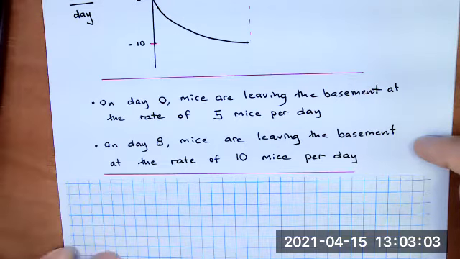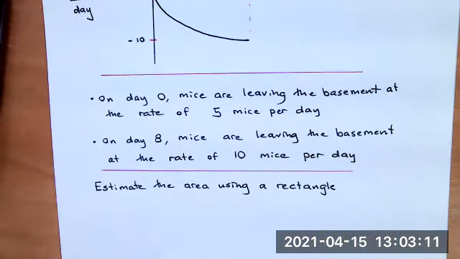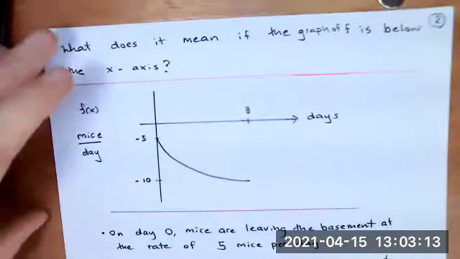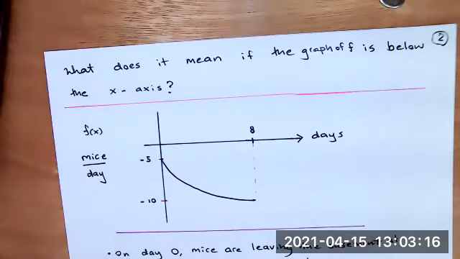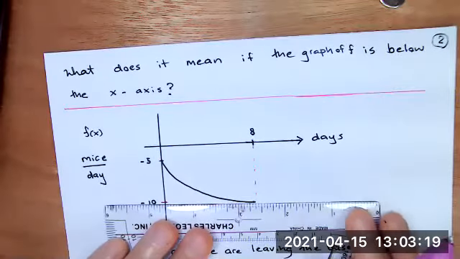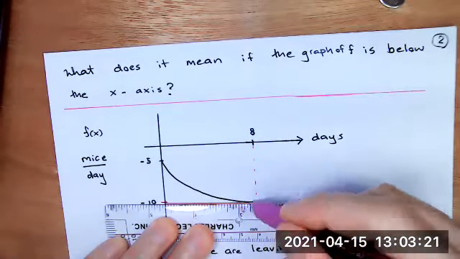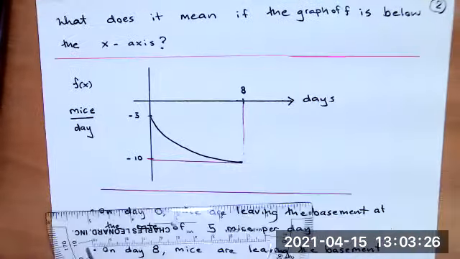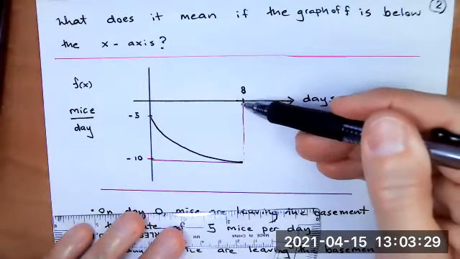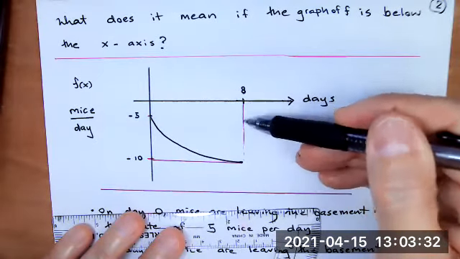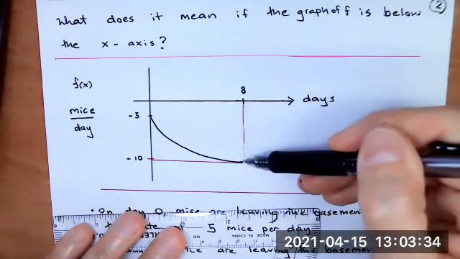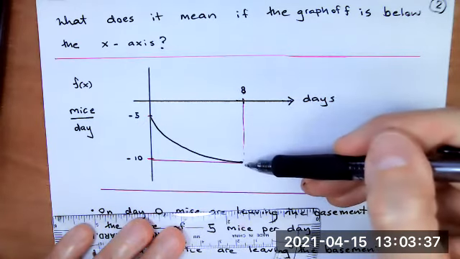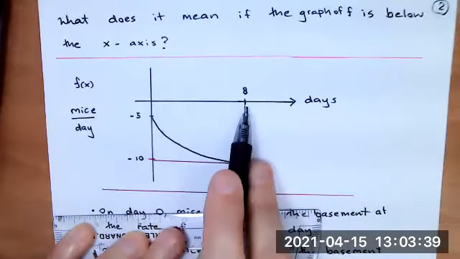All right, let's estimate the area and see what it tells us about the mice. So we're going to use a rectangle. We have a rectangle whose height is -10, but since we're finding an area, that would be 10, and whose width is 8.